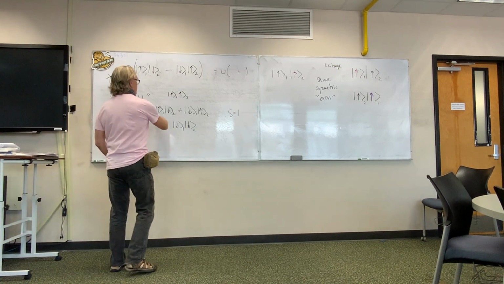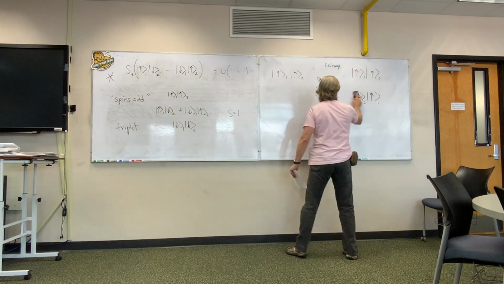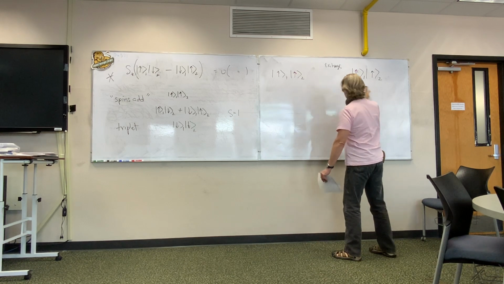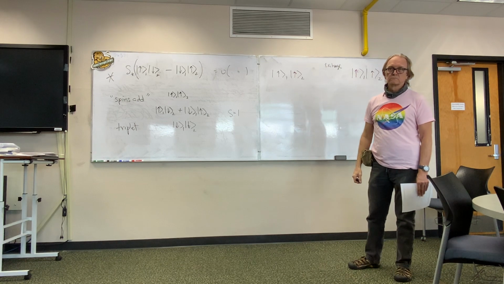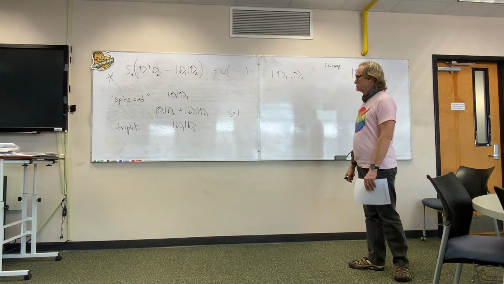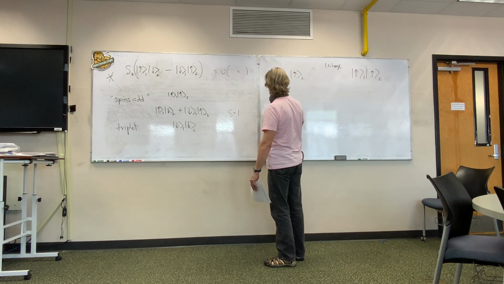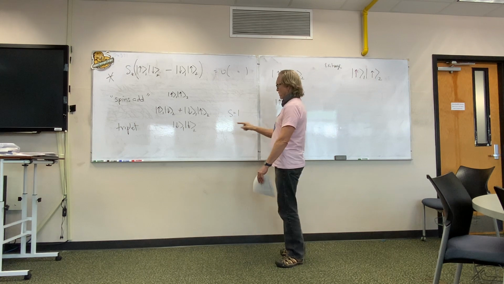How about this middle one? Tell me what happens when I do that one. Tell me what to write down, and we'll do it both ways. So 1 up, 2 down. I'm starting with this one.